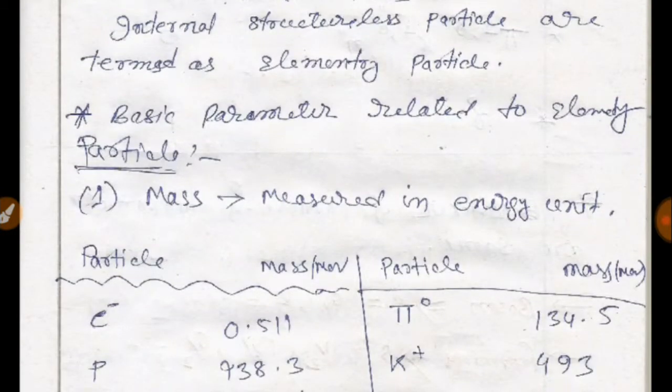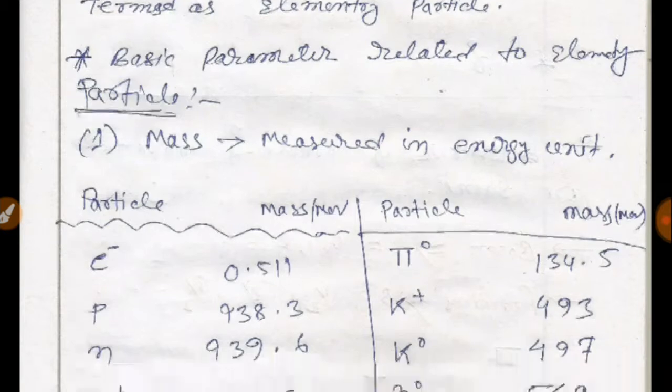First of all, the first parameter is mass, which is measured in energy units. The electron has a mass of 0.511 mega electron volts, and in particle physics all masses are measured in mega electron volts. One atomic mass unit is equal to 931 mega electron volts.